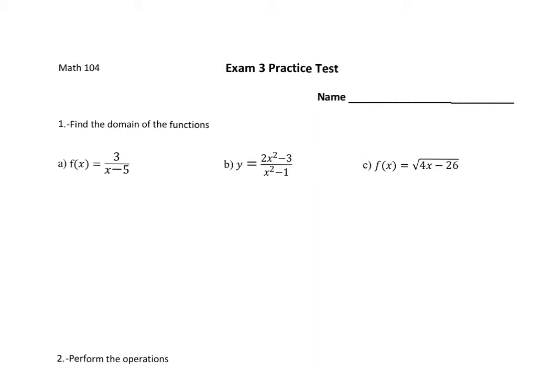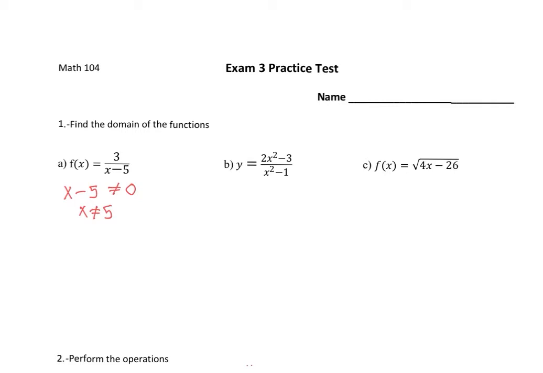All right, the first question says to find the domain of the functions. So if I have a rational function, to find the domain, we are going to find the restrictions. So we know that x minus 5 cannot equal 0 because our denominator can't be 0. So that means that x cannot equal 5.